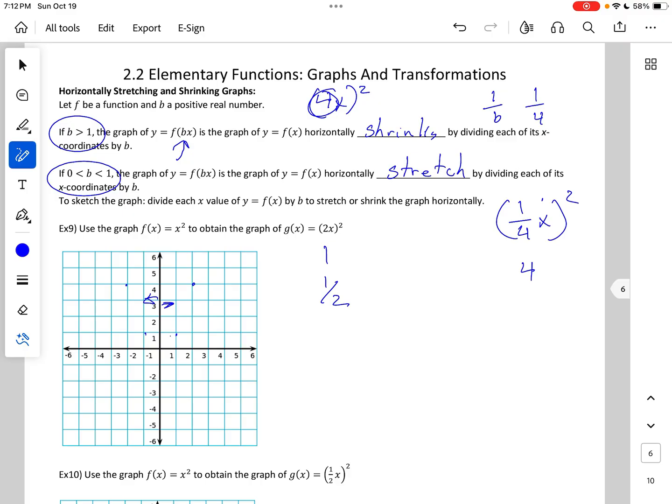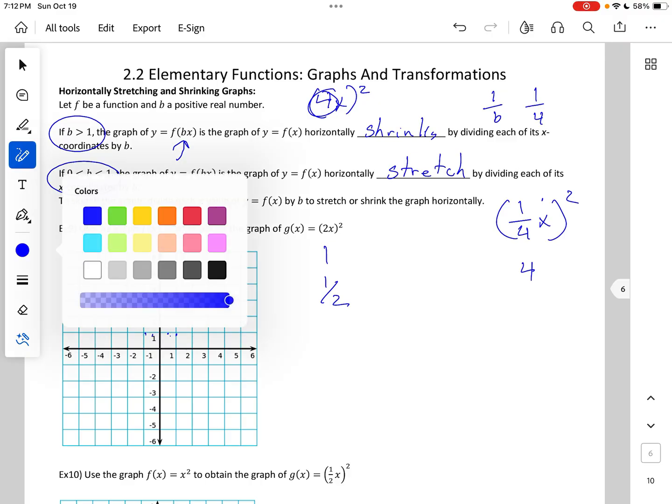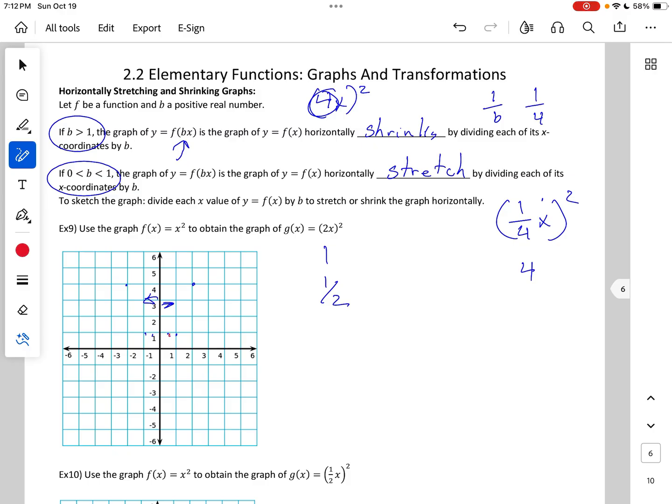So instead of being at 1, I am now going to be at 1/2. So let's change colors here so we can see this. I'm now going to be at 1/2. And instead of here at 4, I'm 2 away from the x-axis, I'm going to only be 1 away from the x-axis. So it goes up here like this.